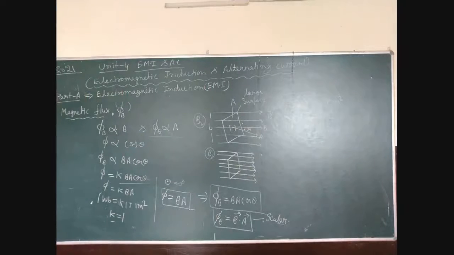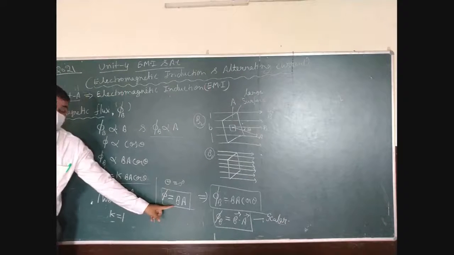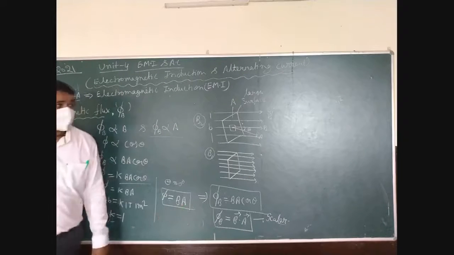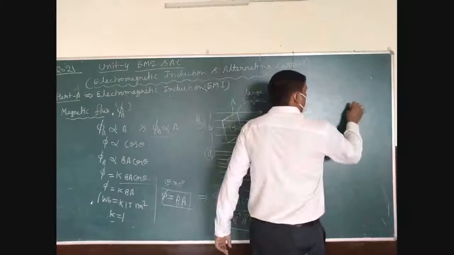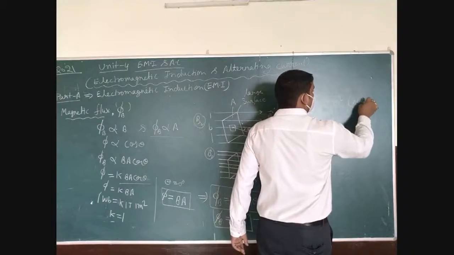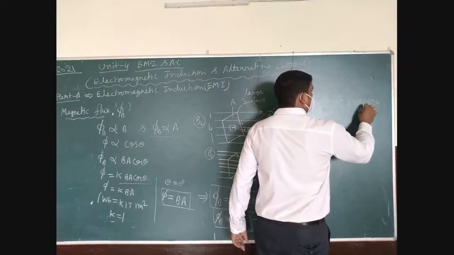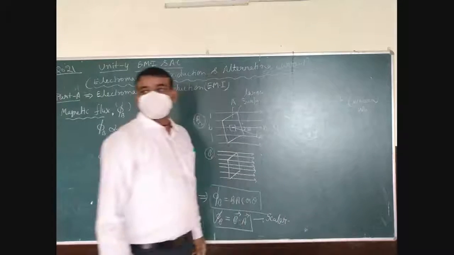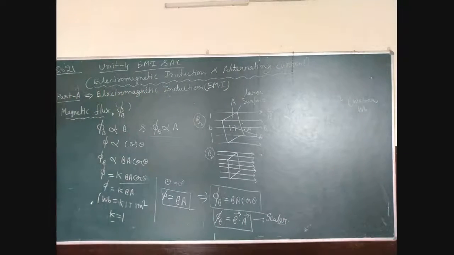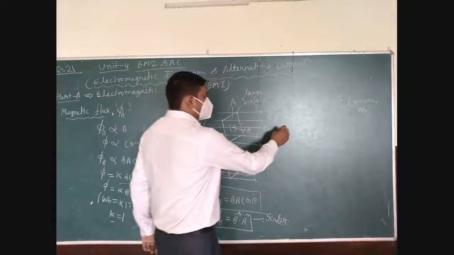Tesla is the unit of magnetic field, and Tesla meter square is taken as Weber, or small w b. Now tell me the dimensional formula for magnetic flux.